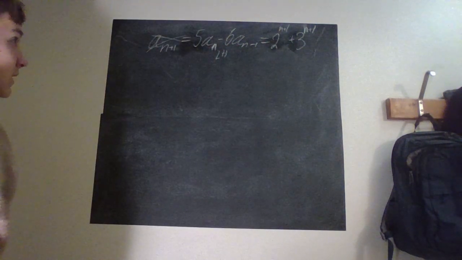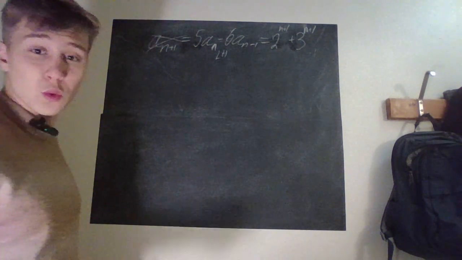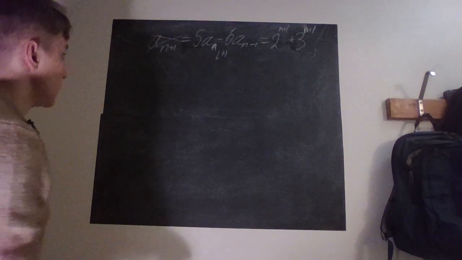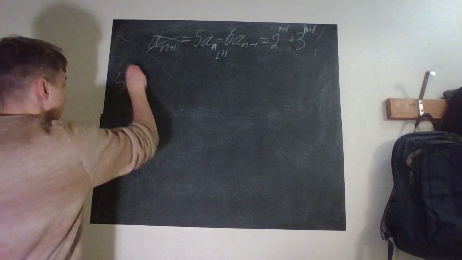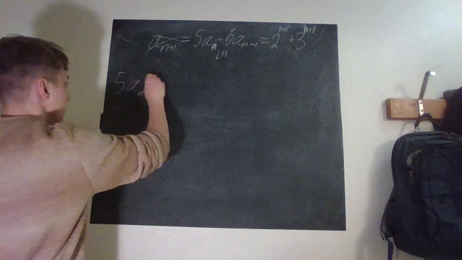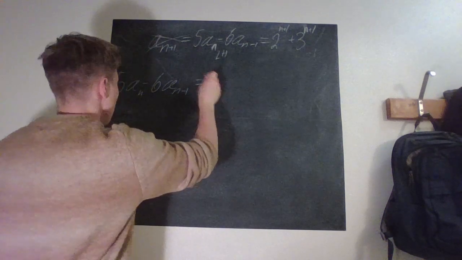So what is that? Well, from what we had before, we have 5a_n minus 6a_{n-1}. What is a_n?